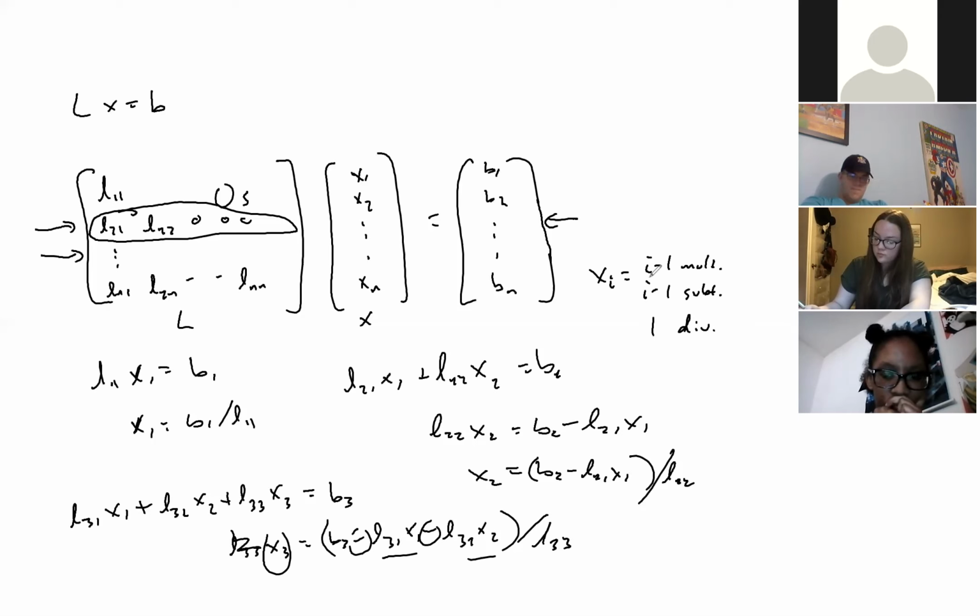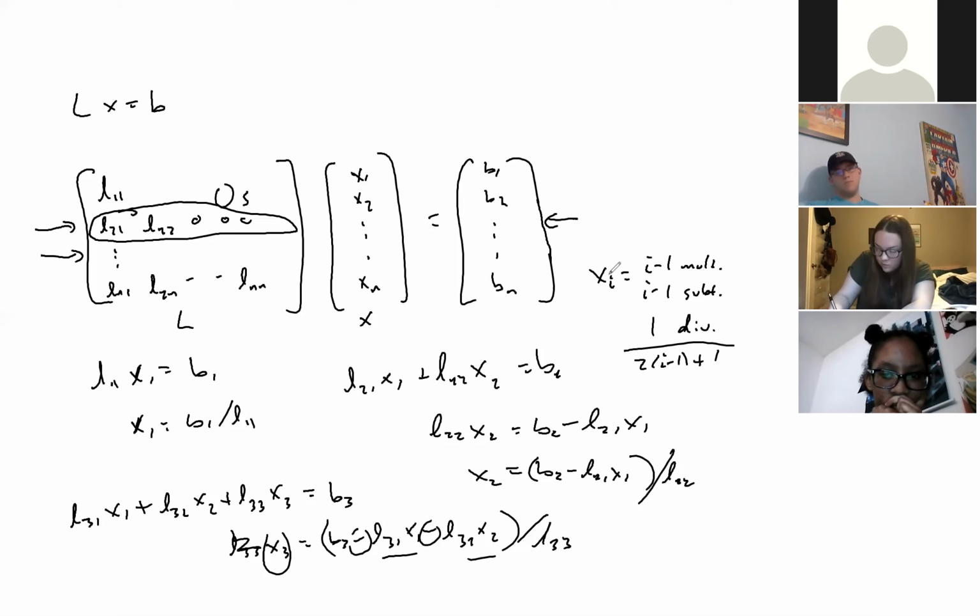So the total number of operations it takes to find xi totals out to 2 times (i minus 1) plus 1. That's the total number of operations to find xi.